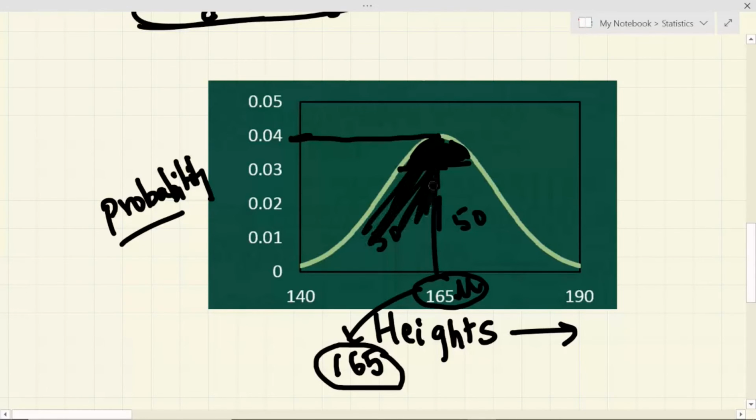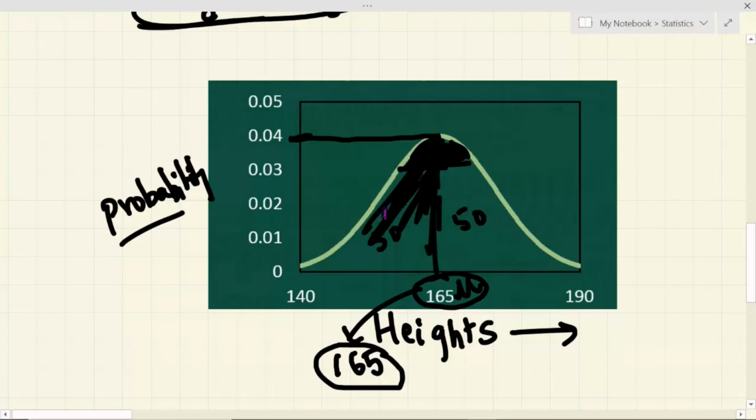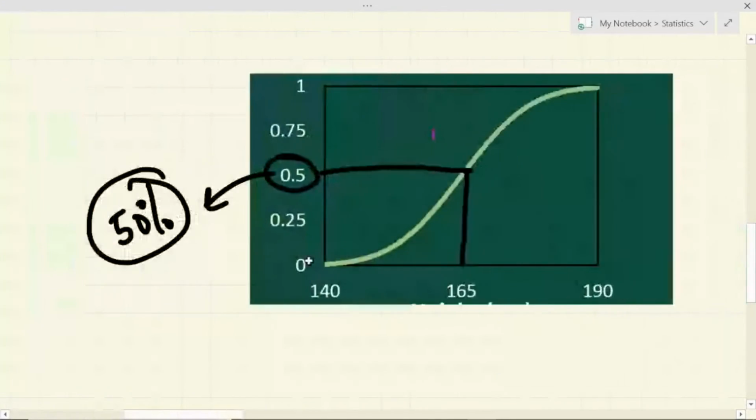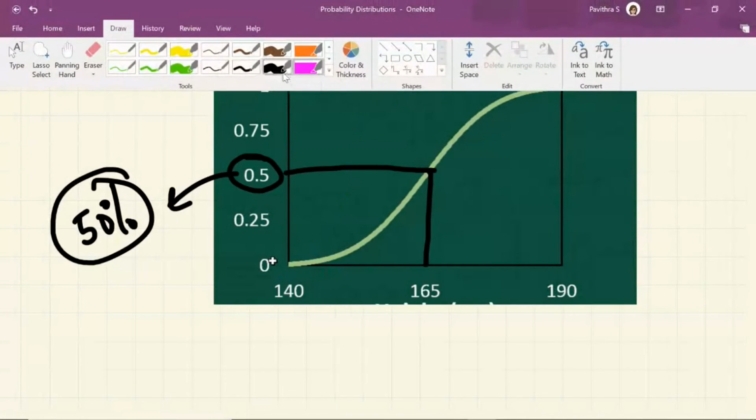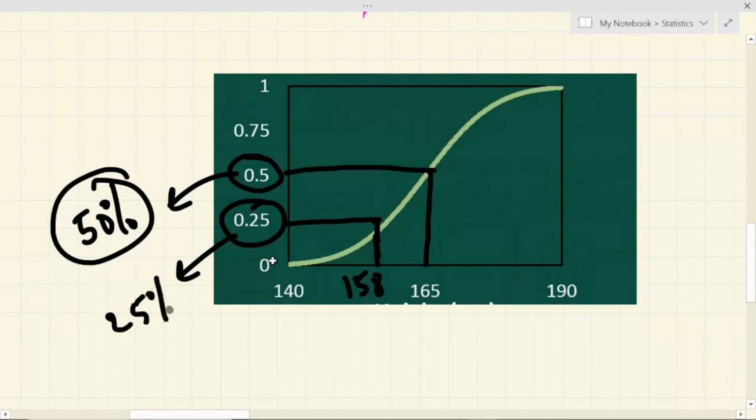We are halfway through the population. So when we consider, say for example, 158, and it's 0.25, we can say that we have passed through 25% of the population, and 25 percent of the people's heights have been cumulated.